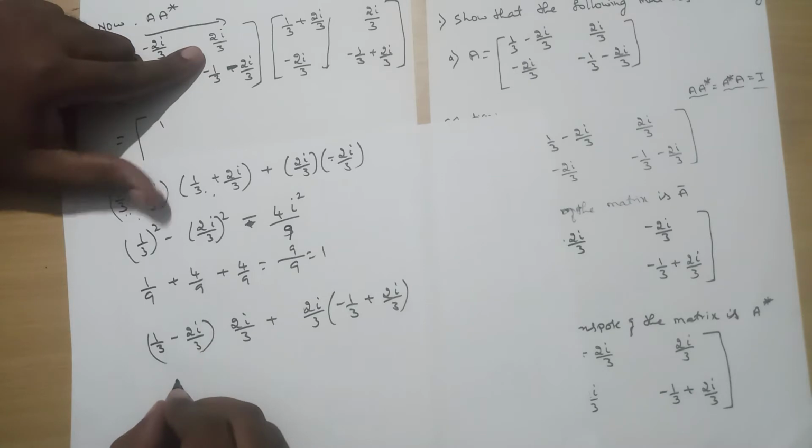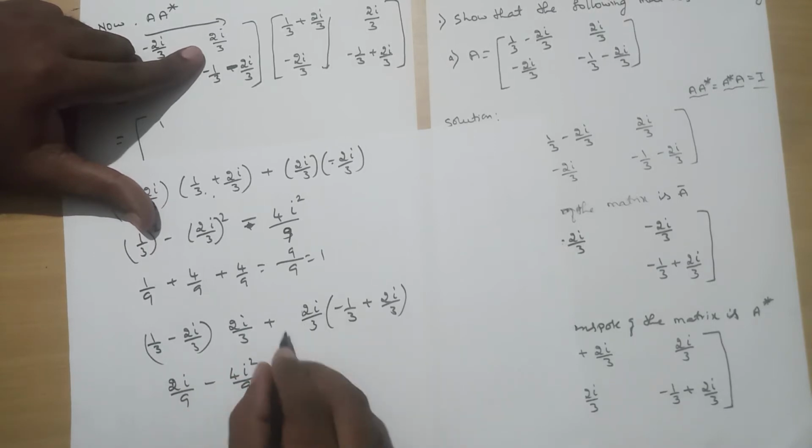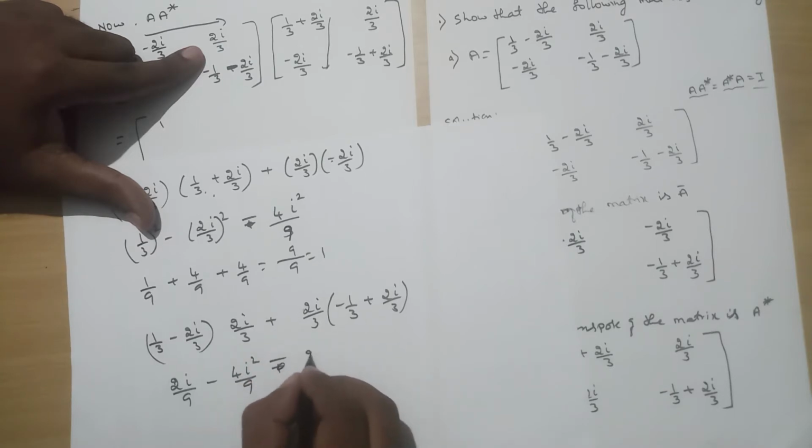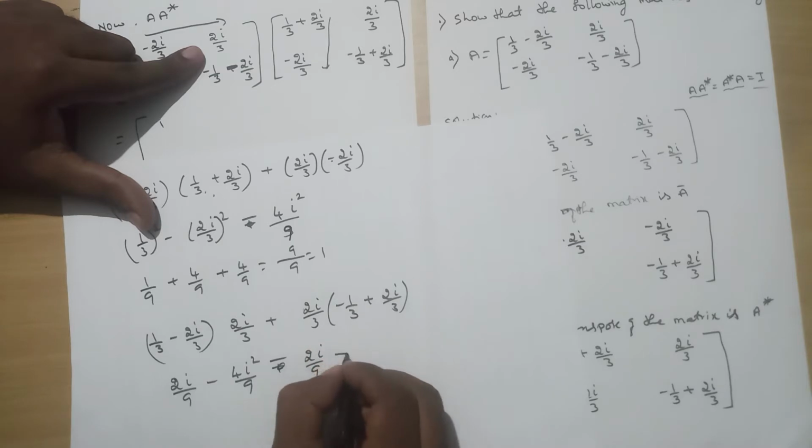So multiply ಮಾಡಿದ್ರೆ so you get 2i by 9 minus 4i square by 9 here plus into minus 2i by 9 plus into here plus you will get plus here 4i square by 9.